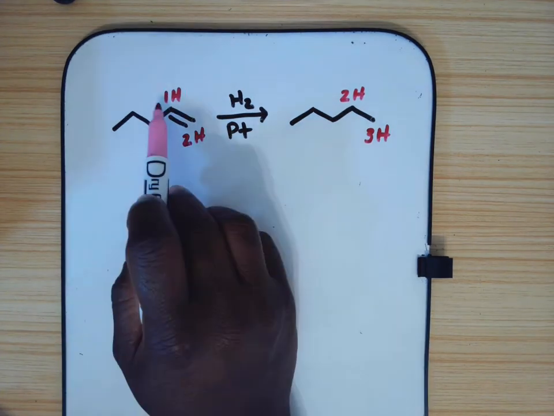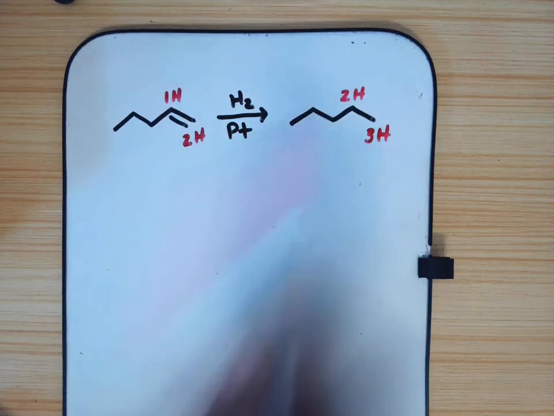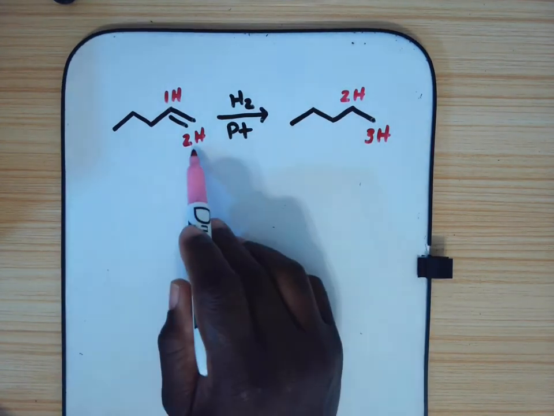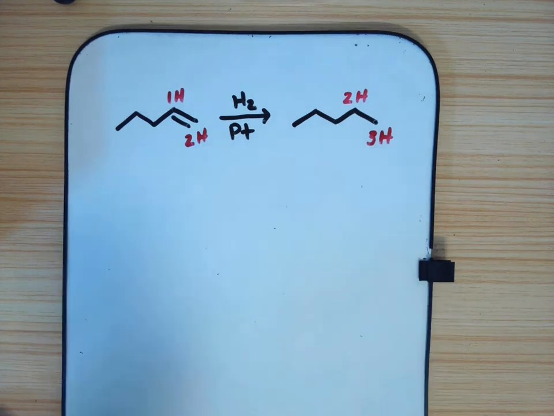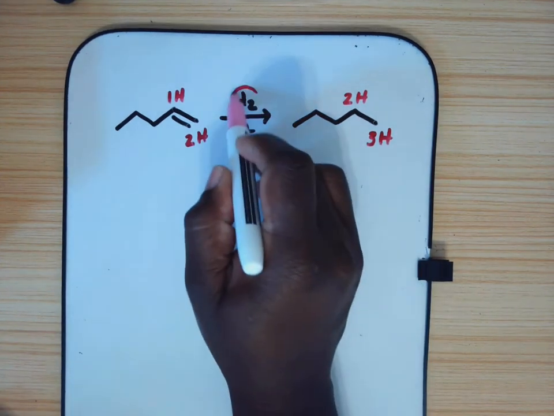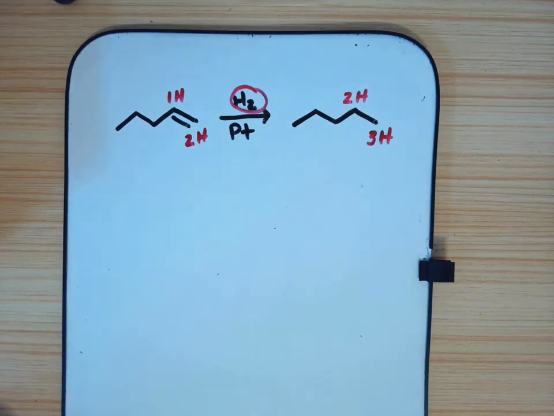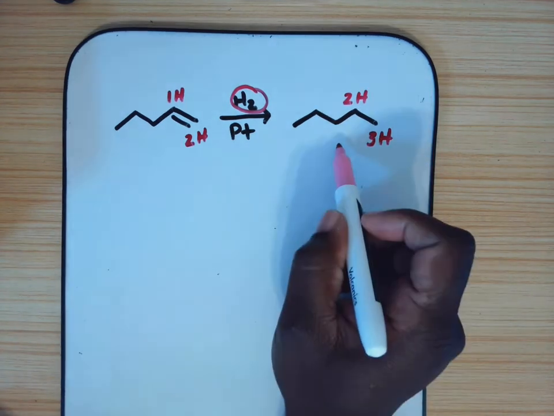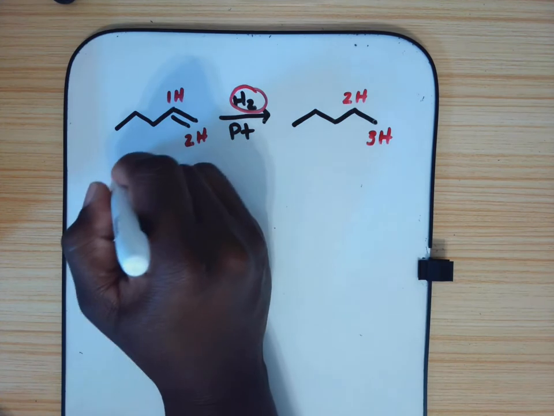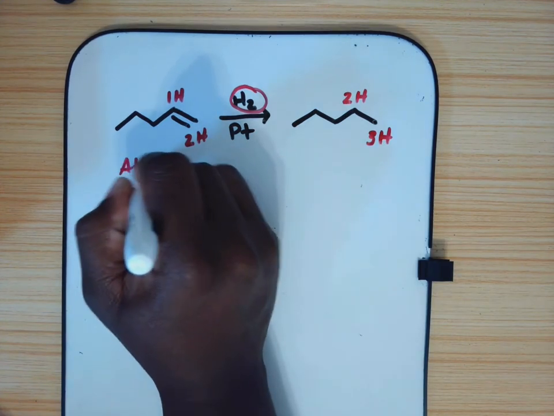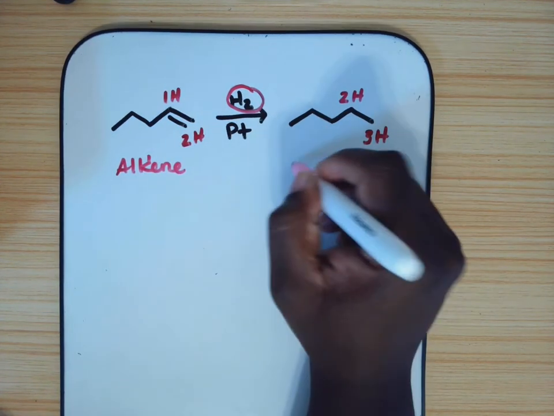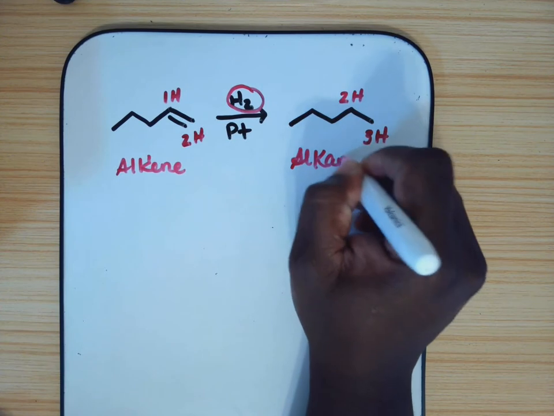So we've gone from 1 hydrogen on carbon 2 to 2 hydrogen. We've gone from 2 hydrogen on carbon 1 to 3 hydrogen. So this H2 molecule, and remember hydrogen is a diatomic molecule, we've added 2 hydrogen to this compound. So we've gone from an alkene to an alkane.